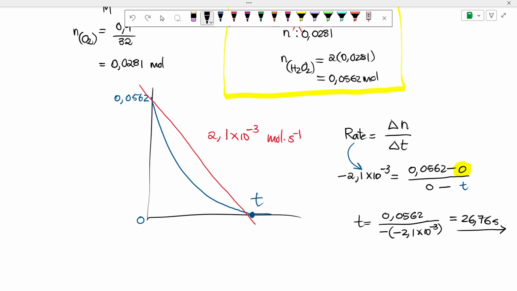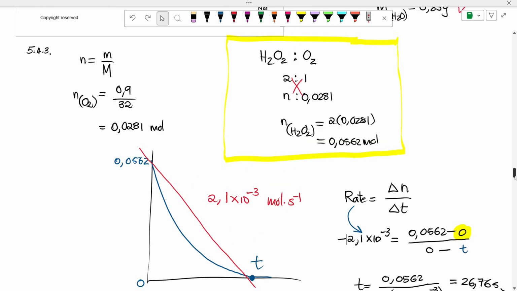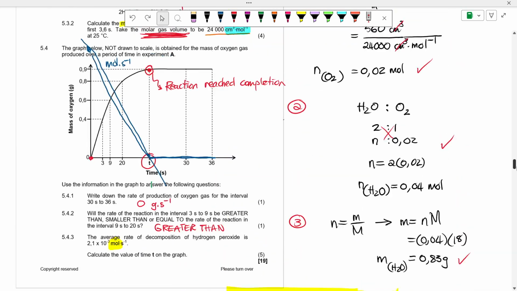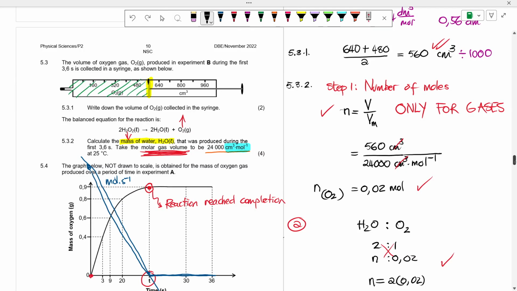I have a question. Yes. Why didn't we use the molar volume? Oxygen, the gas. Oh, okay. They didn't tell us. Yeah, that's a good question. But remember, these two questions here are very much separate. They don't depend on each other. The one where they gave us the volume, they said it was collected only after 3.6 seconds.